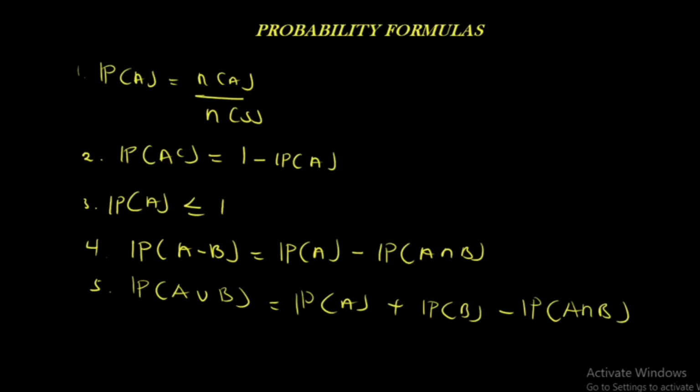So in this case, when you are finding the probability of A or B occurring, you are going to use this formula.